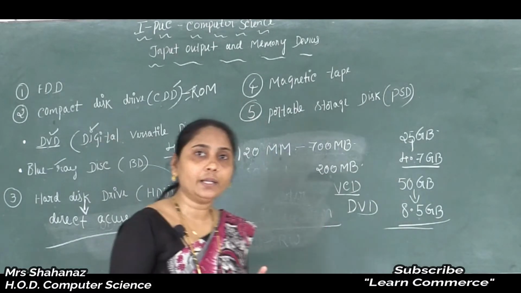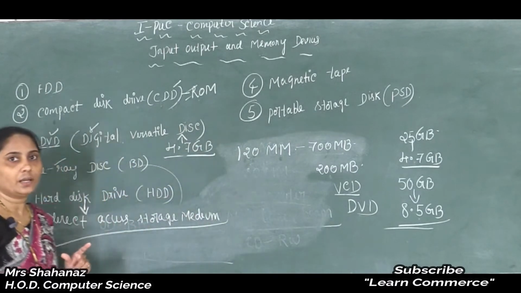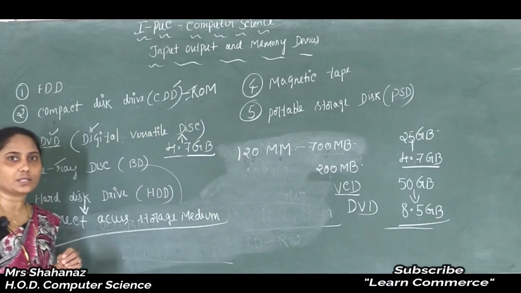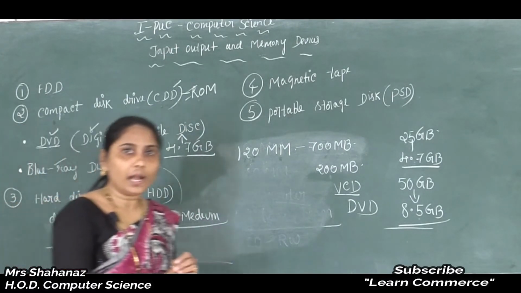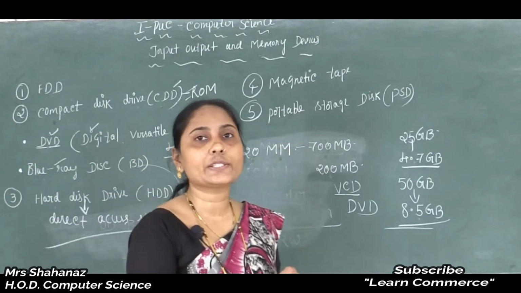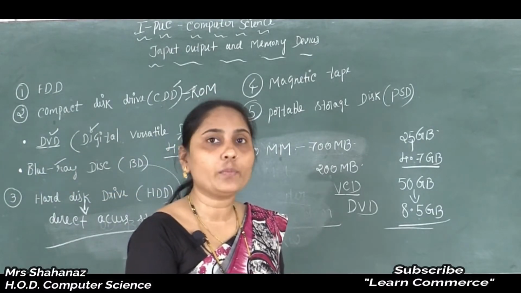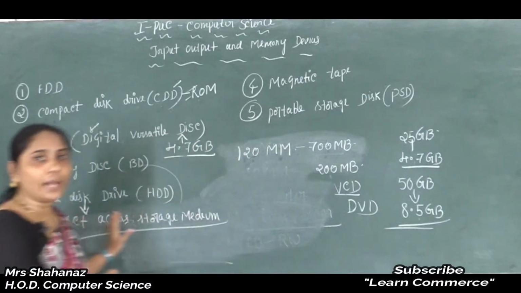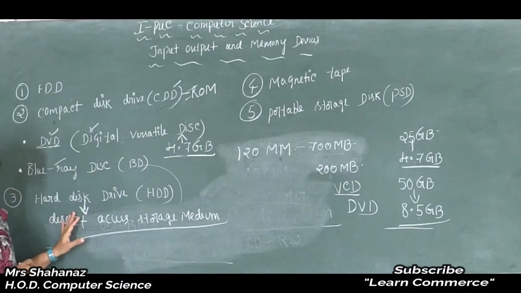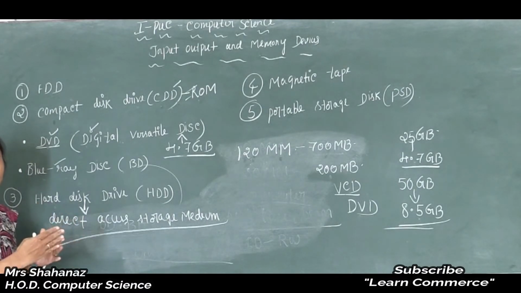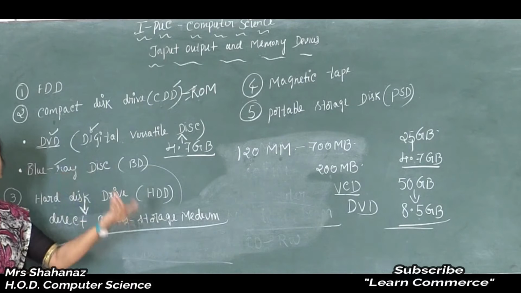I started with this sentence: the primary memory is faster, compact and lighter and consumes less power. And afterwards I said the primary memory is a static device as there are no rotating parts in it. Correct? And the CPU directly communicates with the primary memory.